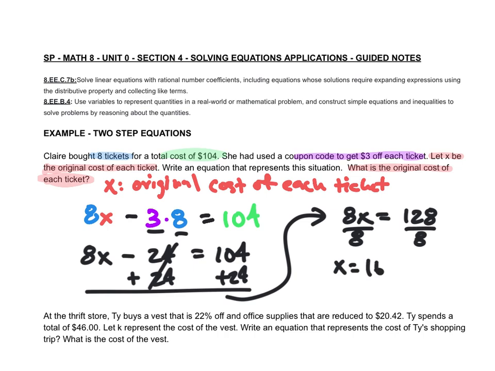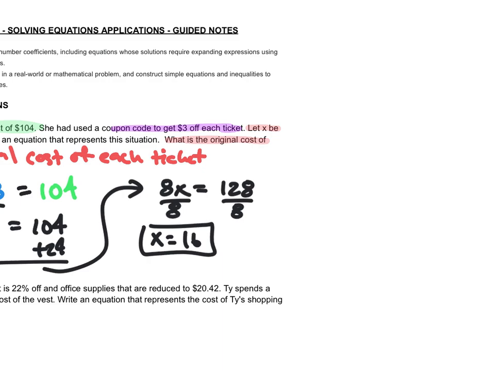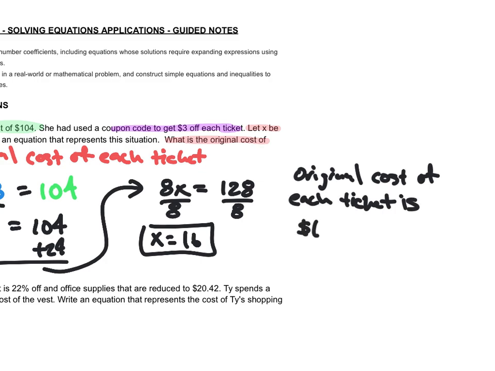Even though I solved for x, I want to interpret this answer. What is the original cost of each ticket? x is the original cost of each ticket. So what we can say is that the original cost of each ticket is $16.